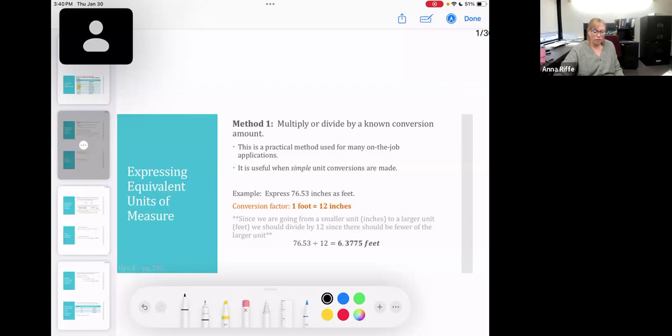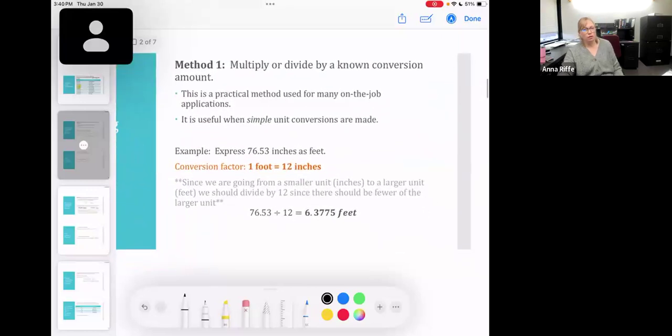And it boils down to multiplying or dividing by a known conversion factor or conversion amount. It's useful for a lot of on-the-job applications. So if you don't want to write down a lot of fractions or do a lot of mathematics on pencil and paper, this one can often be done quickly on the job. And as mentioned, it's used when simple unit conversions are made.